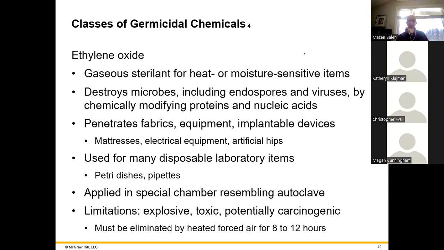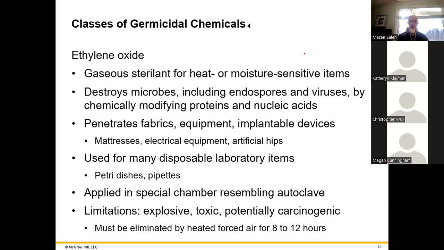It is mainly a concern for those that are manufacturing the product because it is present in high concentrations, in concentrated forms. It is obviously, if it's explosive, it will invariably be toxic. I don't know of any safe agent that is explosive. It's not safe to consume. Also potentially carcinogenic.